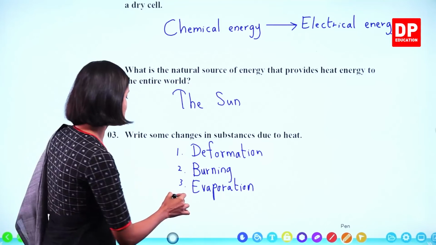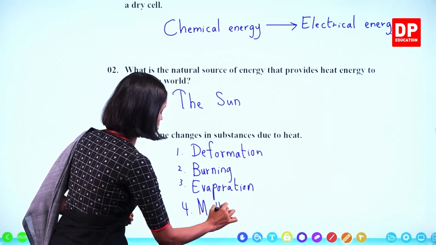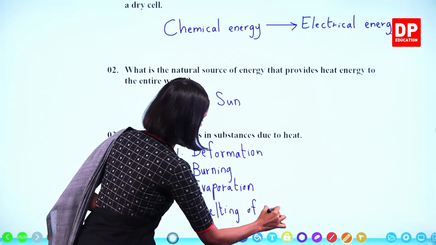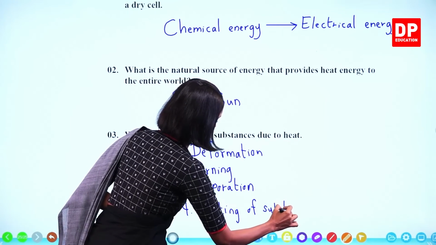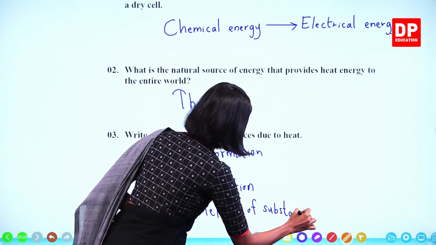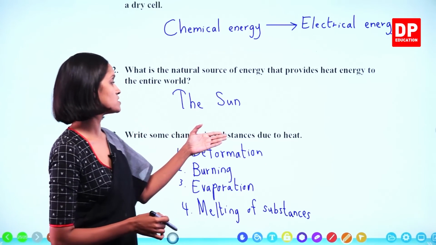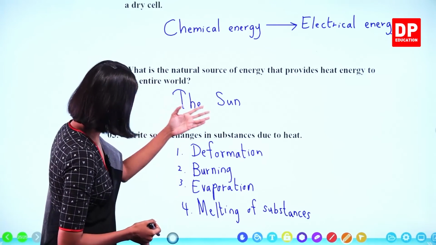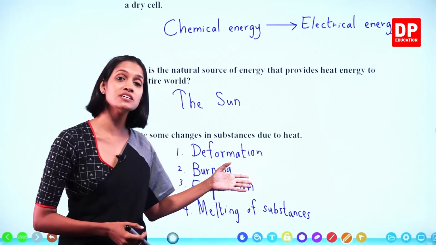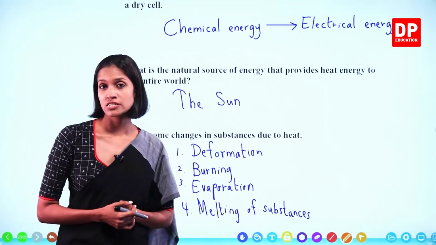It's known as melting. Melting of substances. So during our activity, we studied these things. Right? Some changes in substances due to heat. The deformation of things, burning, evaporation, melting of substances, all these things take place because of heat.